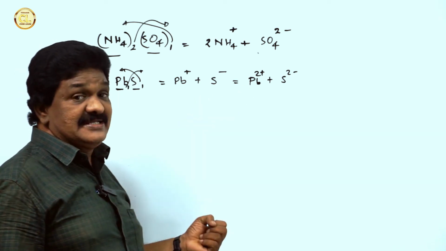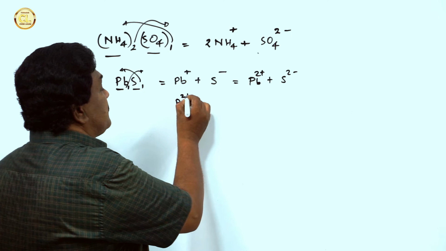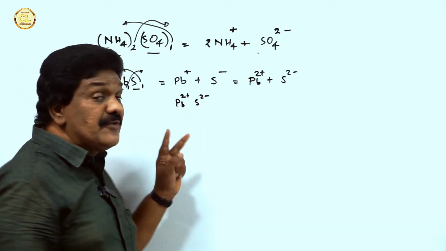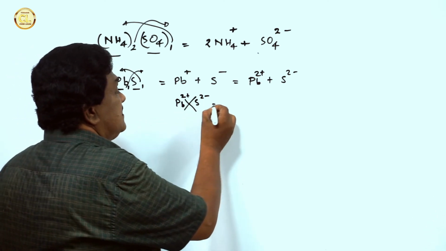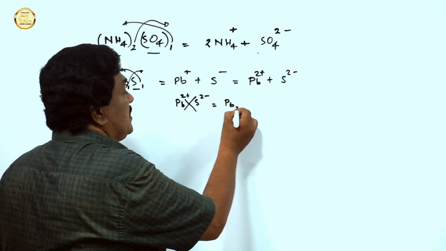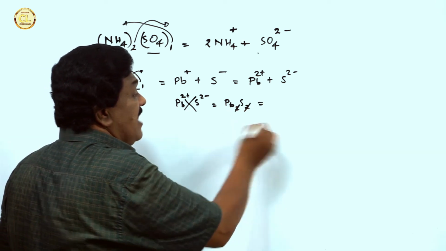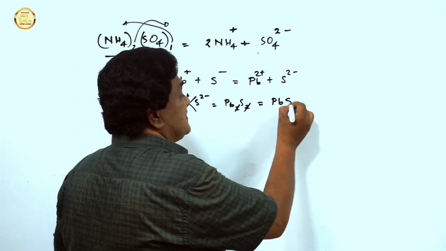What happened here is that while crossing the valencies during the formation of the ionic compound, say Pb2S2, we have cancelled 2 by dividing the whole by 2, giving PbS.